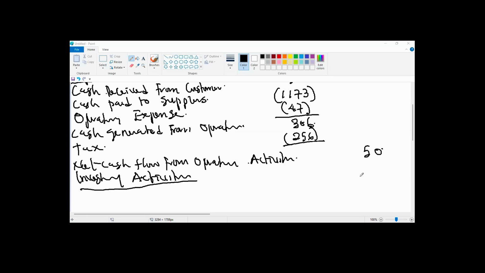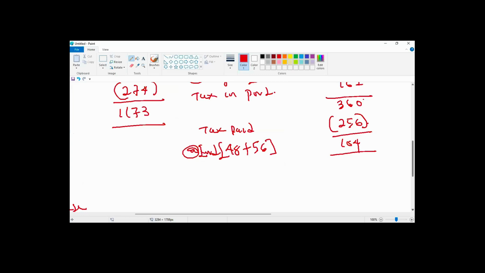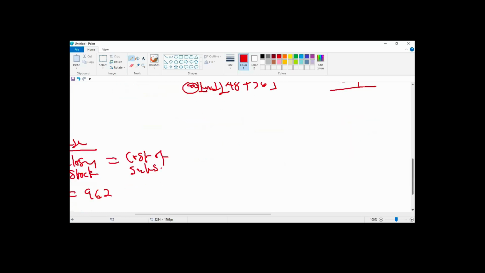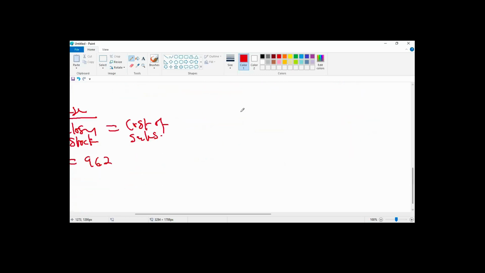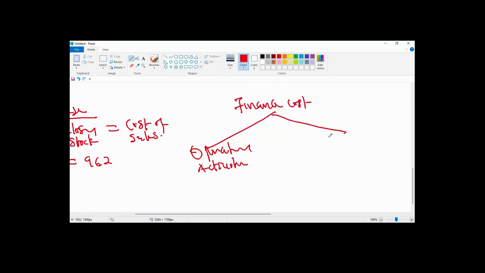Okay, don't forget, when we started this, we resolved that finance costs can be placed under two different headings. It's either we place it on operating activities or financing activities.